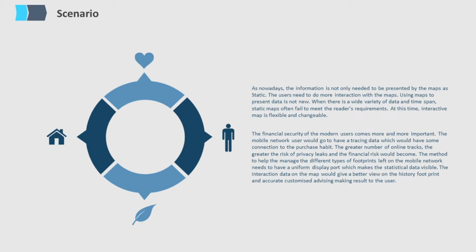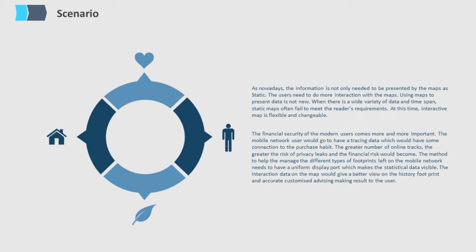The financial security of modern users becomes more and more important. Mobile network users leave tracing data which has some connection to their purchase habits. The greater the number of online tracks, the greater the risk of privacy leaks and financial risk. The method to help them manage the different types of footprints left on the mobile network needs a uniform display, which makes the statistical data visible.